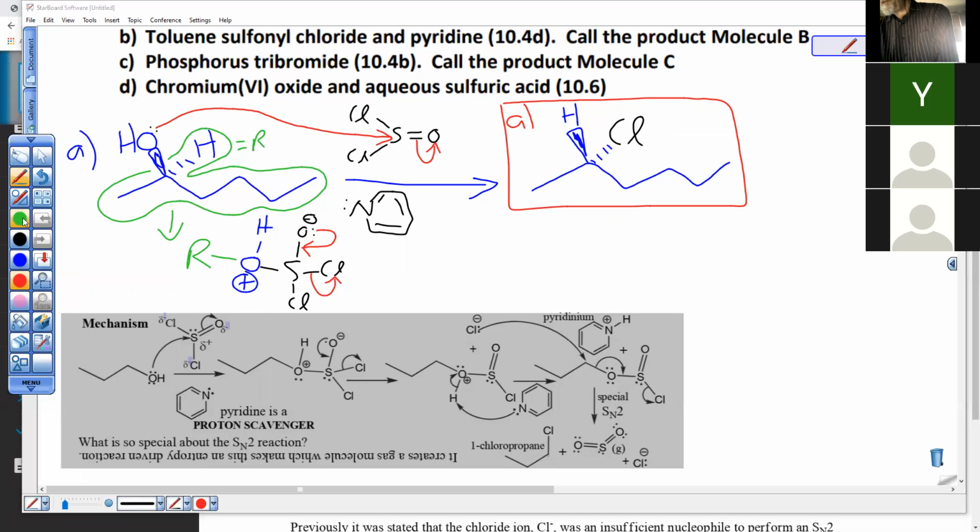And you're going to generate an intermediate that looks a lot like this one, except all this carbon group here is R, and that's bonded to O, bonded to sulfur with a lone pair. I changed its color. It was black, and now it's blue. Oh, well. And we have an H plus, an oxonium here.